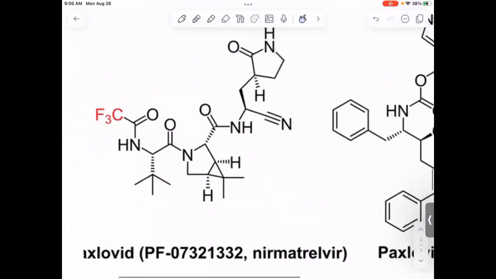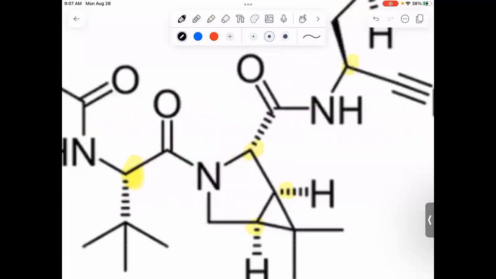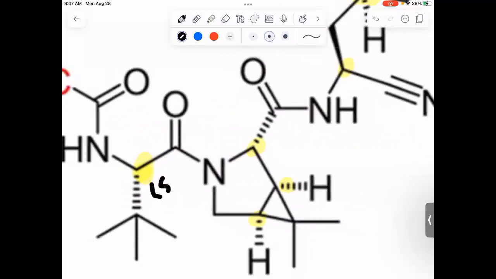We've already been working on this Paxlovid molecule, and we have identified 1, 2, 3, 4, 5, 6 stereocenters. Is that right? Now, out of those 6, which ones have we done already as far as configuration is concerned? We looked at this one, right? Yes.